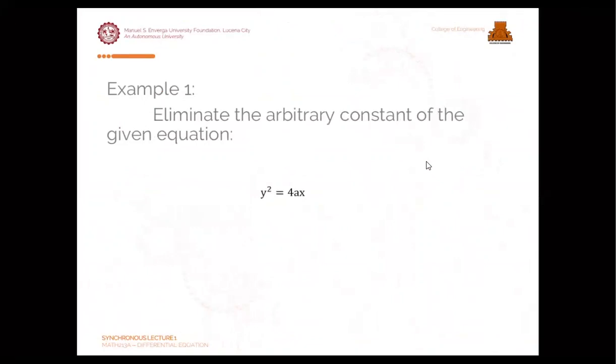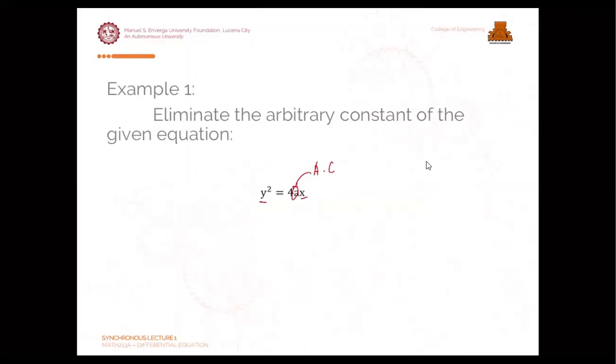For this given equation, arbitrary constant natin is yung letter a, kasi si x is independent, si y is dependent. Since ang arbitrary constant natin ay 1 lang, first derivative lang yung kukunin natin.